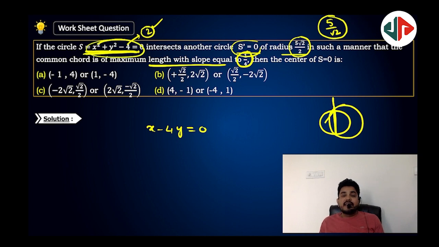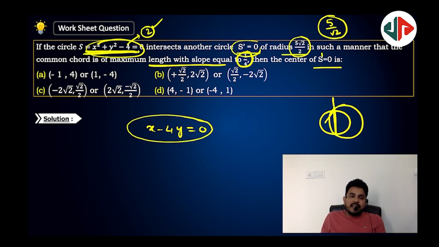Then the center of s dash should be equal to 0. So the circle is x square plus y square minus 4 plus lambda times of x minus 4y is equal to 0.